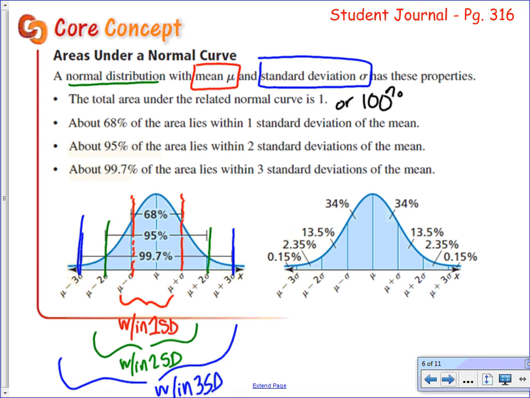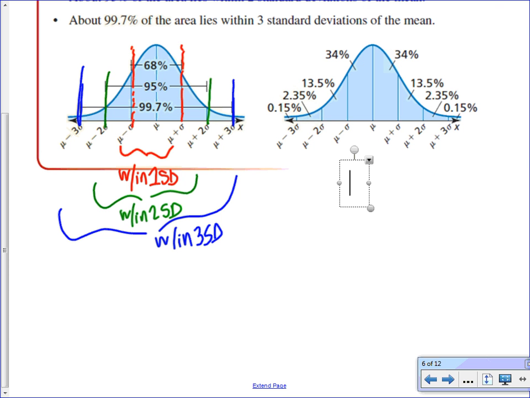Where did I get the numbers 34, 13.5, 2.35, and 0.15? So I'm going to give you some time to play around with that. Those numbers are related to the numbers in the other picture. So see if you can figure out how we get those numbers 34, 13.5, 2.35, 0.15. Go ahead and have a quick conversation. Figure out how I got the numbers on the other graph. Where are those numbers coming from?